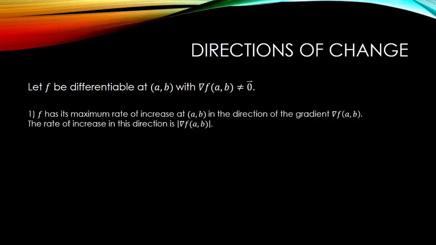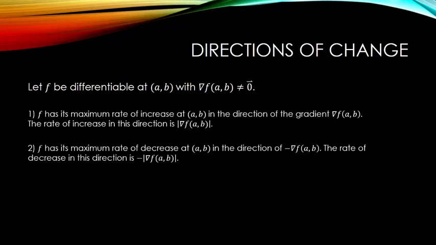The rate of increase in this direction will be given by the magnitude of the gradient of f evaluated at (a, b). I also know that f will have a maximum rate of decrease at the point (a, b) in the direction of negative the gradient of f at (a, b).